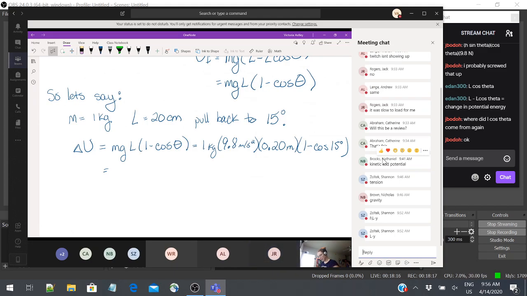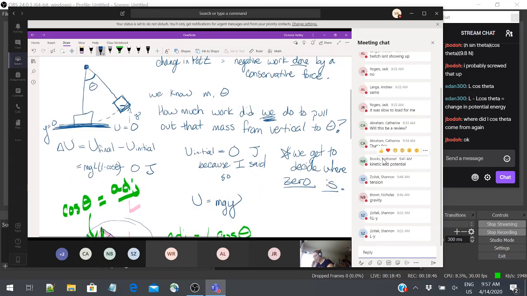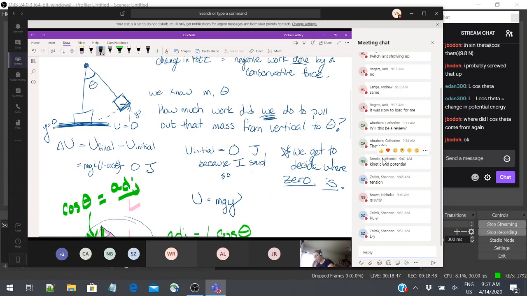Times 9.8, I get 0.067 joules. Seems pretty low. 15 degrees is not very much. Yeah, 0.067. Okay. So that is how much potential energy we gave to the thing by pulling it this angle.